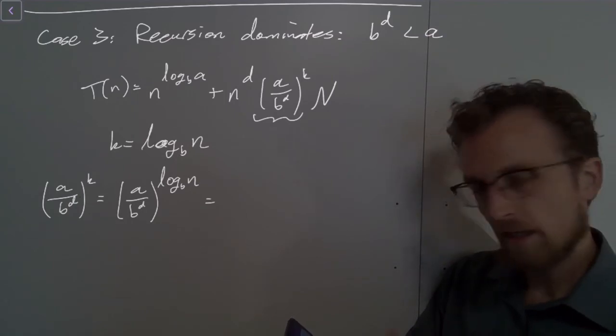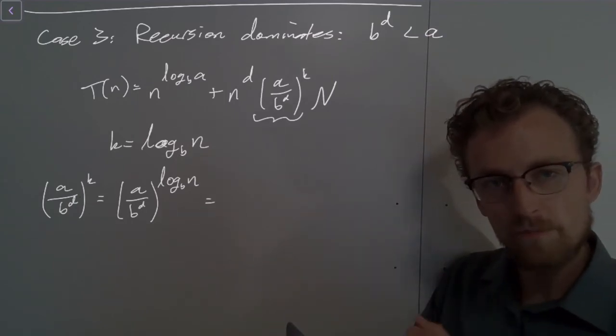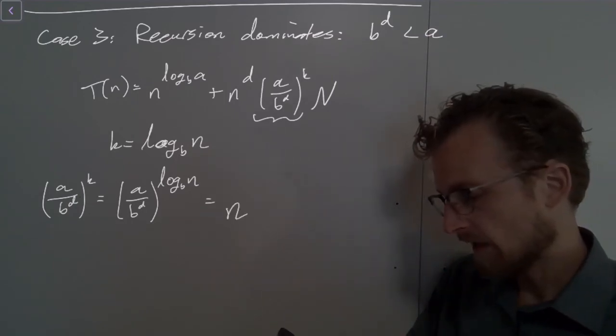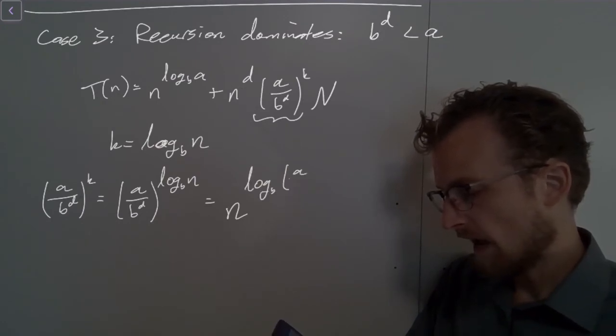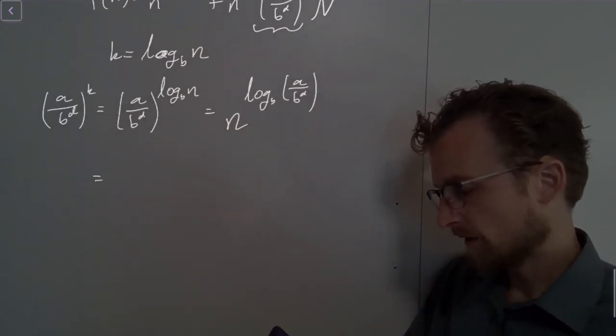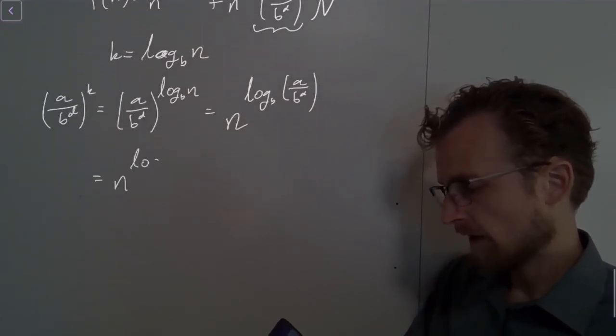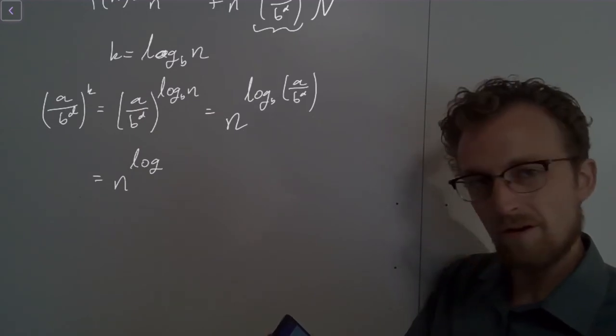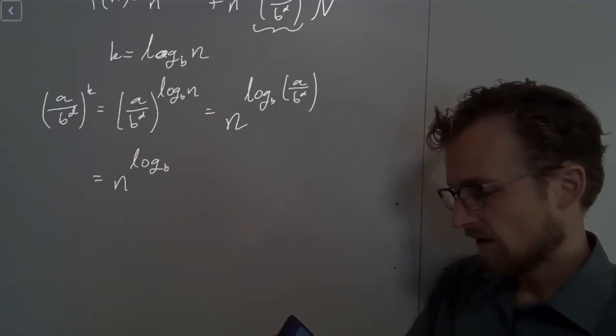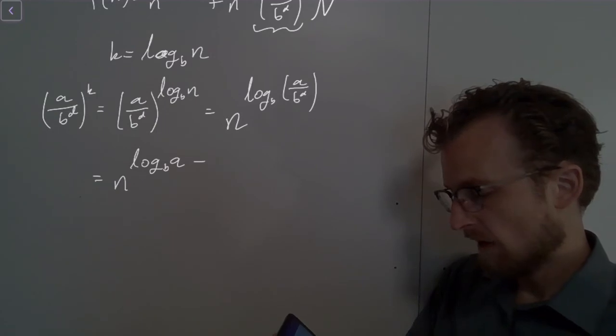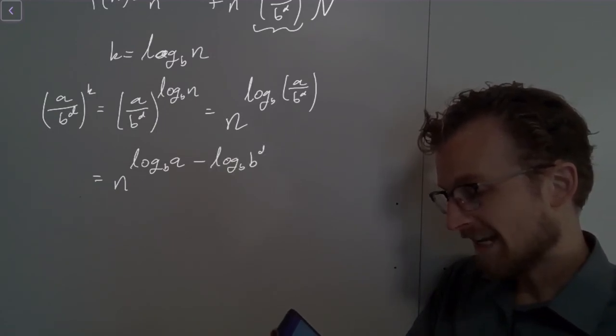Well, then this, I can swap the n and the exponential base here, and I can get n to the log base b of a over b to the d. Well, that equals n to the log, and you have to be careful with your exponents here, but log base b of a minus log base b of b to the d.